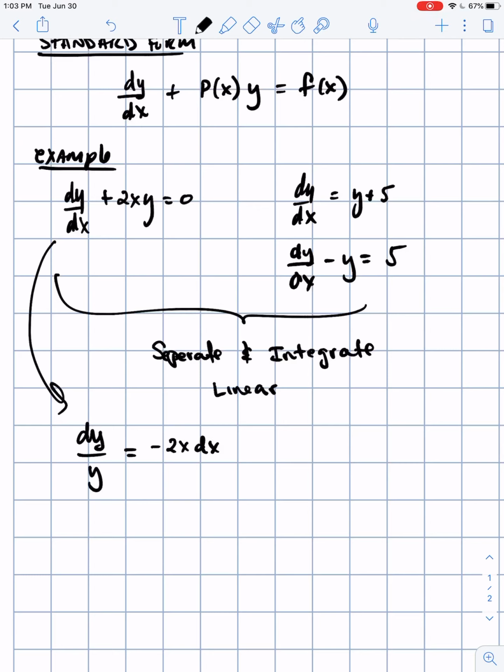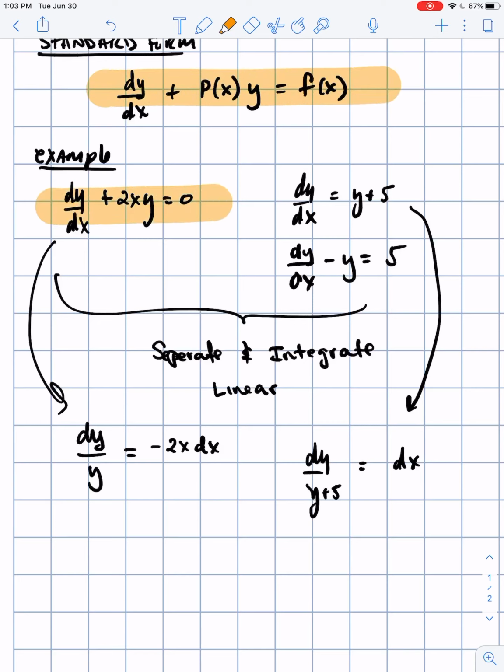And this one, you could just break it up as dy over y plus 5 equals dx, and you could see how you could separate and integrate. But these are also considered linear, because they're in the form where you have your derivative plus a function of x times y equal to a function of x in both of those situations.